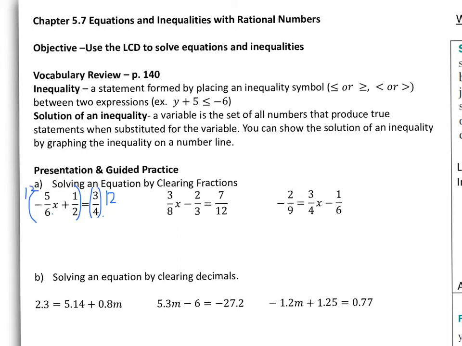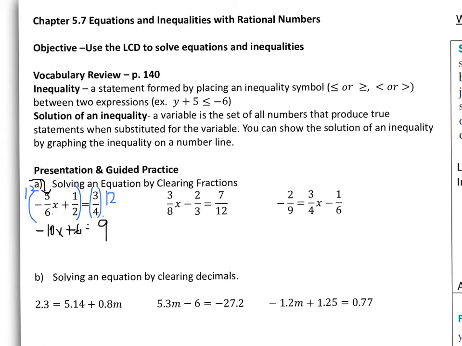And then we use the distributive property and multiply 12 to each of the terms. 12 times negative 5/6 x is negative 10x. 12 times positive half is positive 6. And then you have 3/4 times 12 is 9.